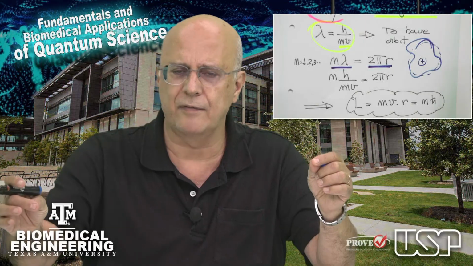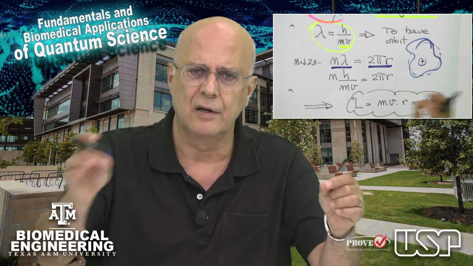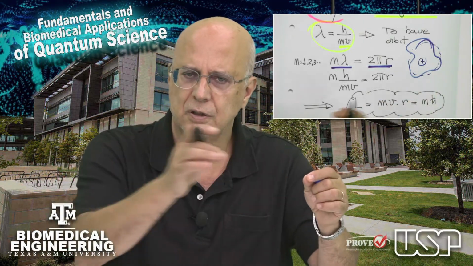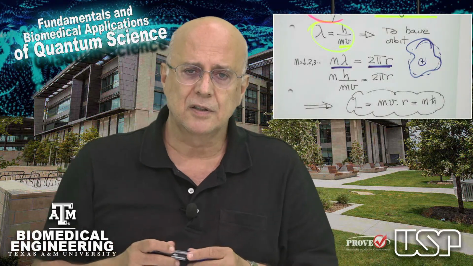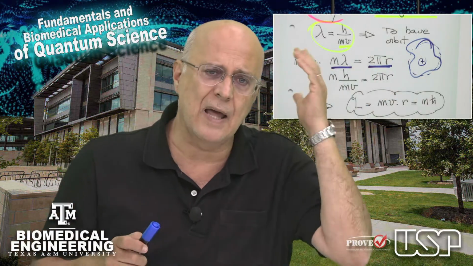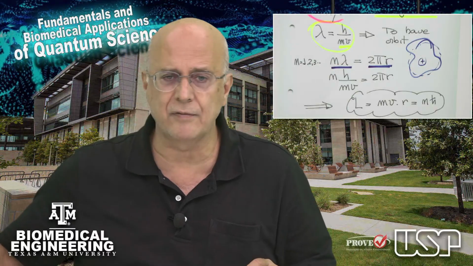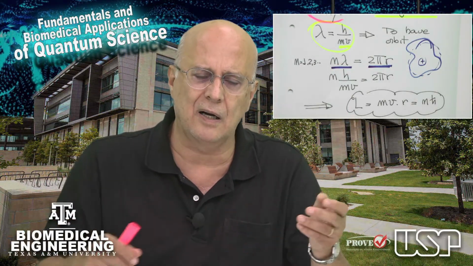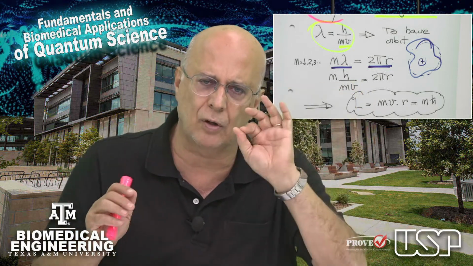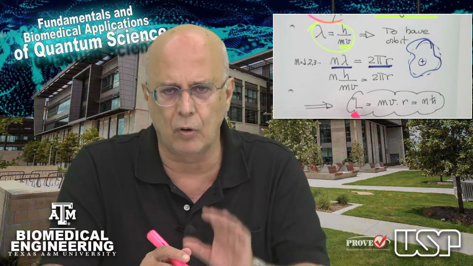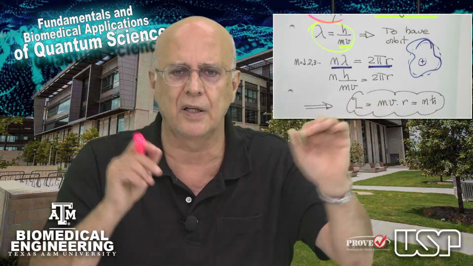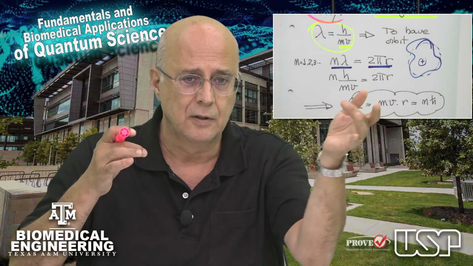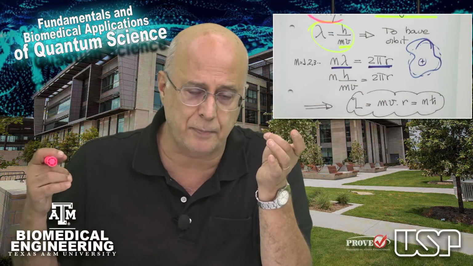I have zero wave at the wall here and here. I can only match some waves in here. It's like a string, right? We did that when we reviewed the waves. It's not any wave in a string. That's why a violin has precise notes, because only specific waves can be accommodated in that space. If you move your finger, you change the space.